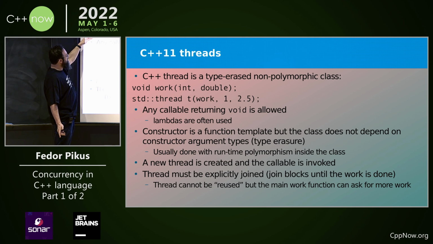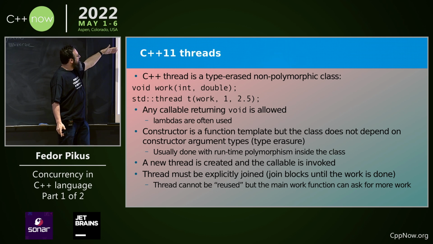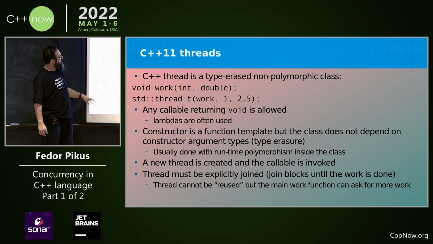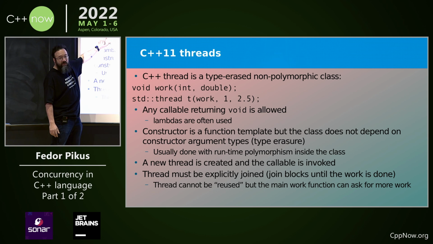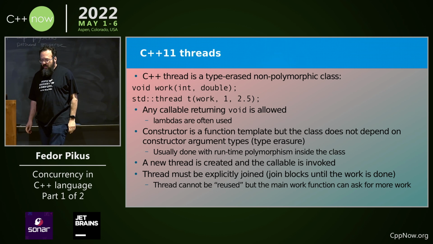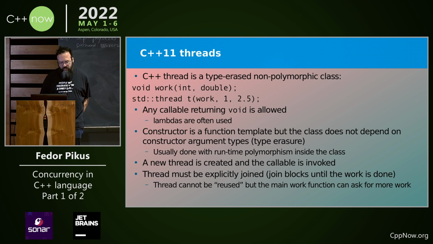In C++11, you have to join it yourself. If you destroy it without joining, it's undefined behavior. Any callable returning void is allowed. You can use lambdas. As I said, it's type erased because the object itself is not the template. The constructor is.